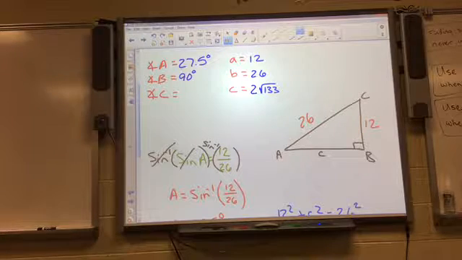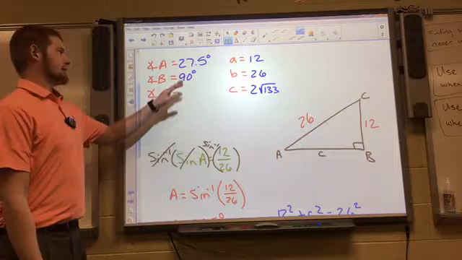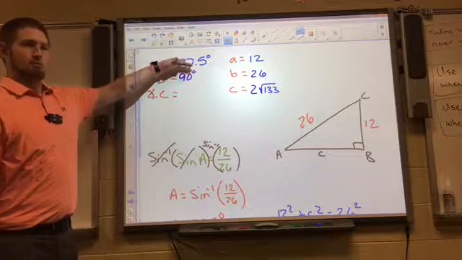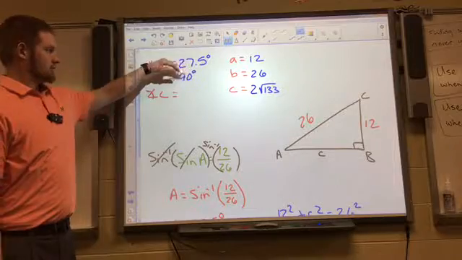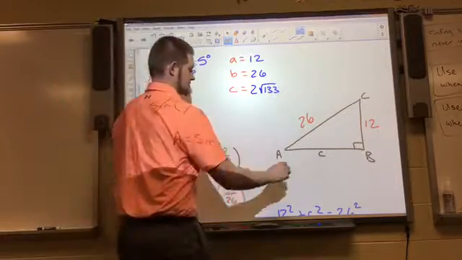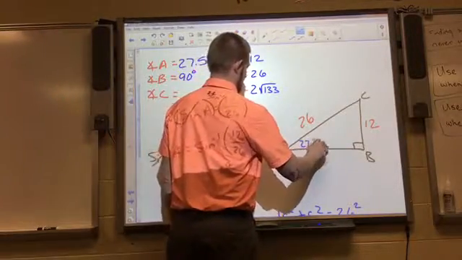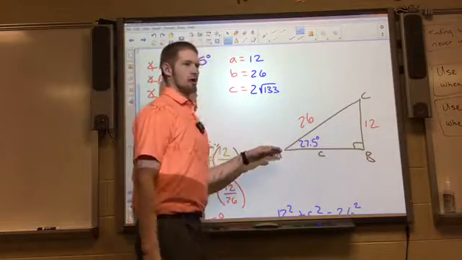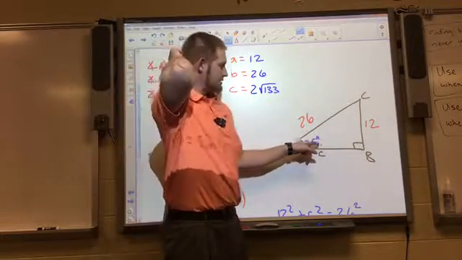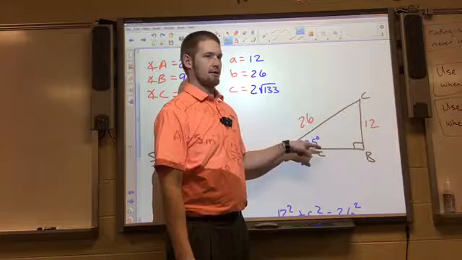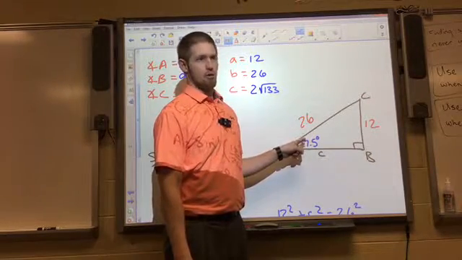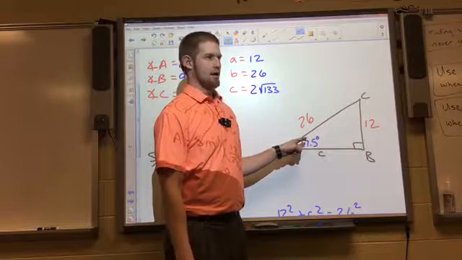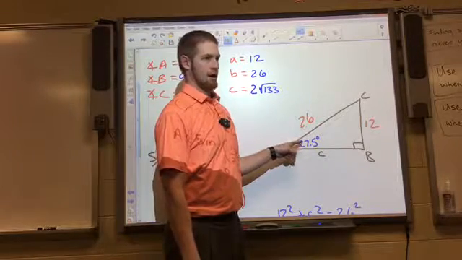Now, I know for the last week or so I've been telling you if you get a rounded answer, don't use it, right? But right here, if this is 27.5 degrees, in a triangle these angles have to add up to exactly 180, right? They can't add up to 180.1. They can't add up to 179.9.